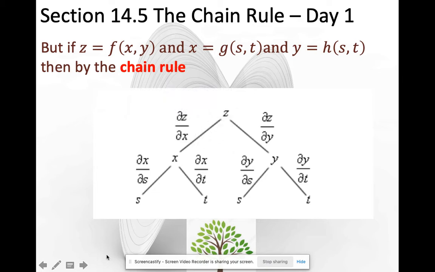Look at my pretty tree. There's my z. What do I ask you for? If I'm asking you for partial z, partial s, follow the branches of the tree everywhere to get to an s, add it together. If I ask you for partial z, partial t, follow the branches to get me to the t's, add them together.